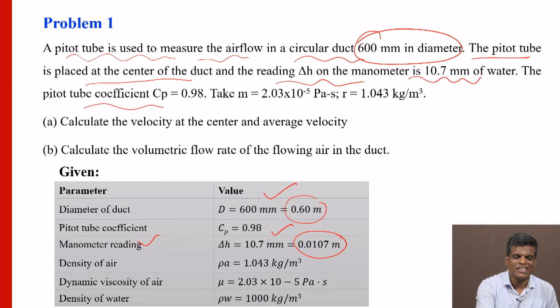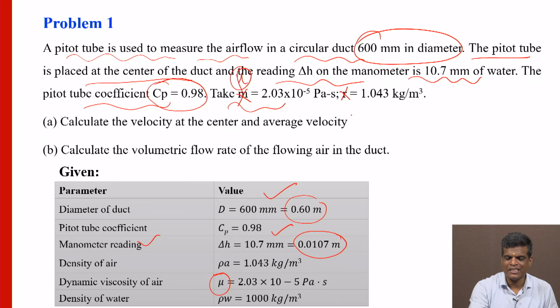Then the pitot tube coefficient, the Cp value is 0.98, then there is the viscosity, we call it the dynamic viscosity mu, then the density, the density of air is 1.043 kg per meter cube.